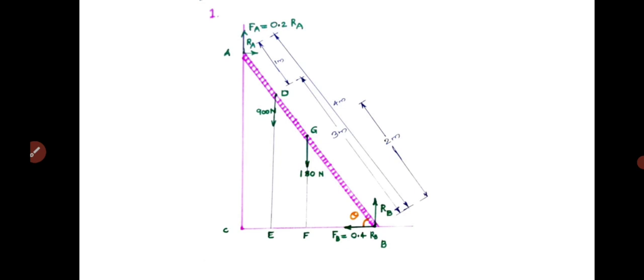Similarly, the algebraic sum of the forces along the vertical is equal to 0. So FA plus RB equals 900 plus 180. So FA is 0.2 into RA. So rewriting, you will get 0.2 into RA plus RB equals 900 plus 180. So solving these two, you will be able to get the value of RA and RB.